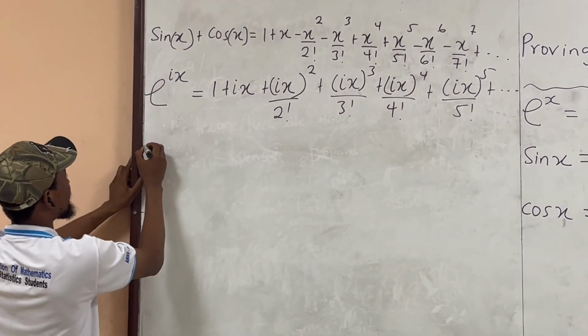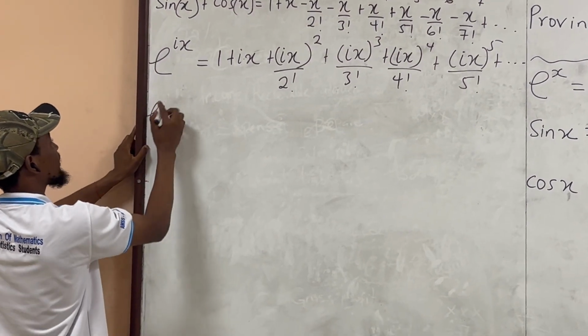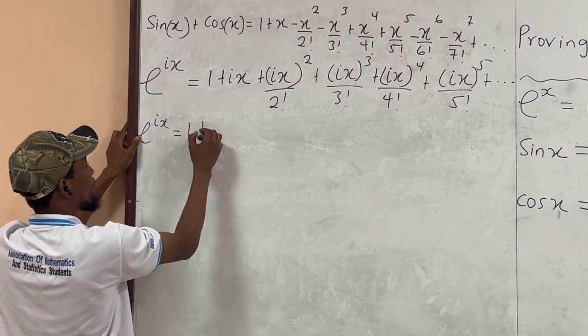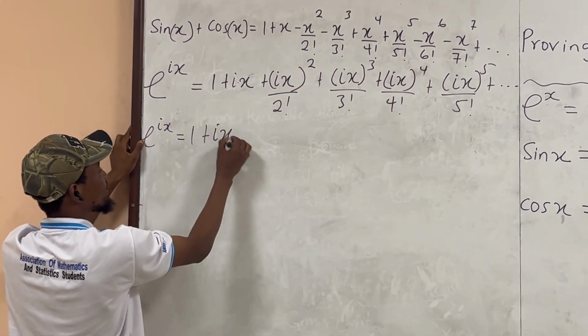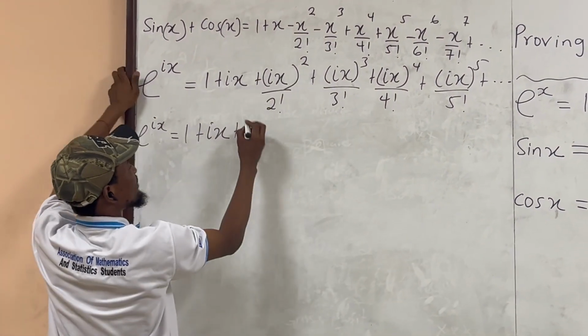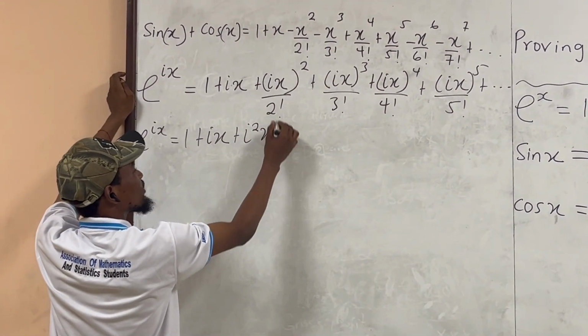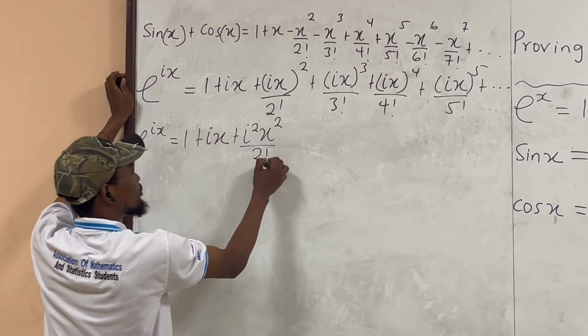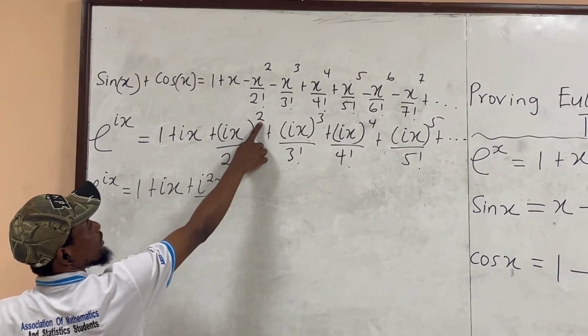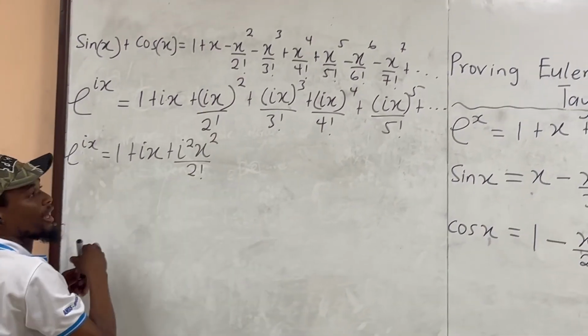So we have e to the power i x equal to 1, then plus i x, then plus i squared x squared over 2 factorial, because the power will affect each term.